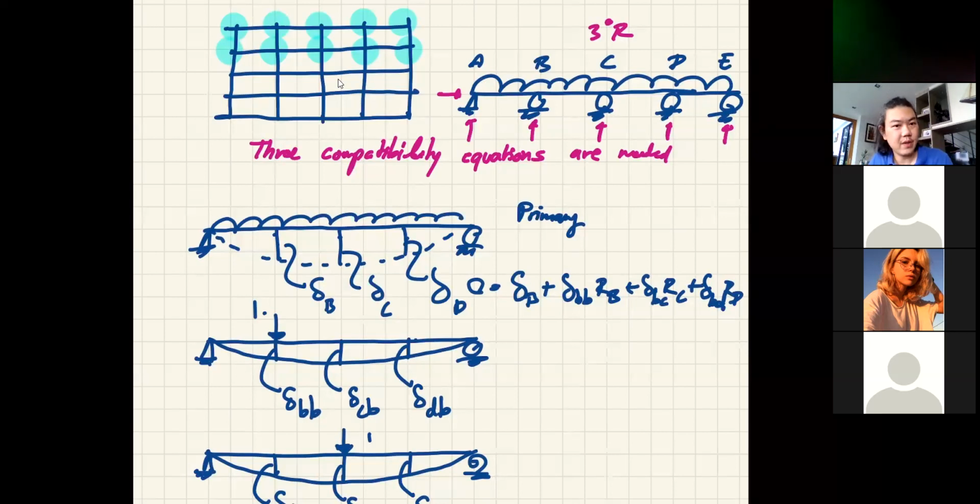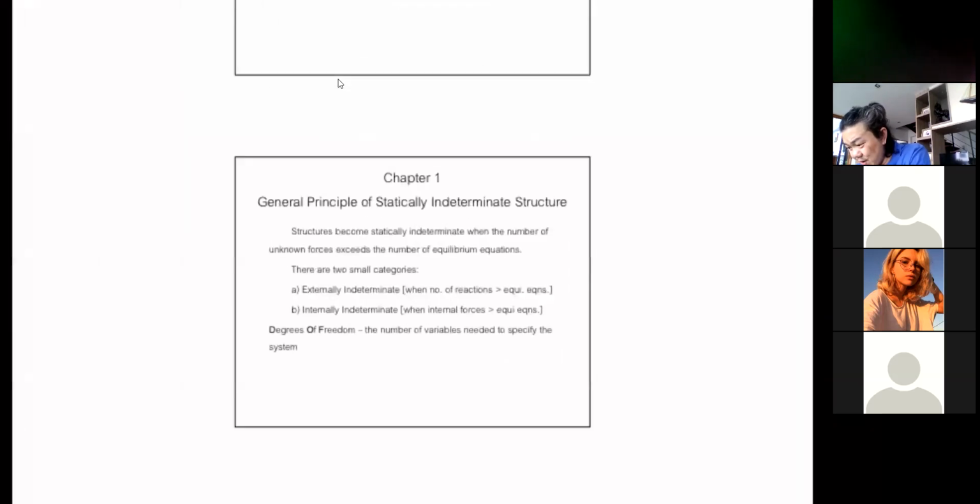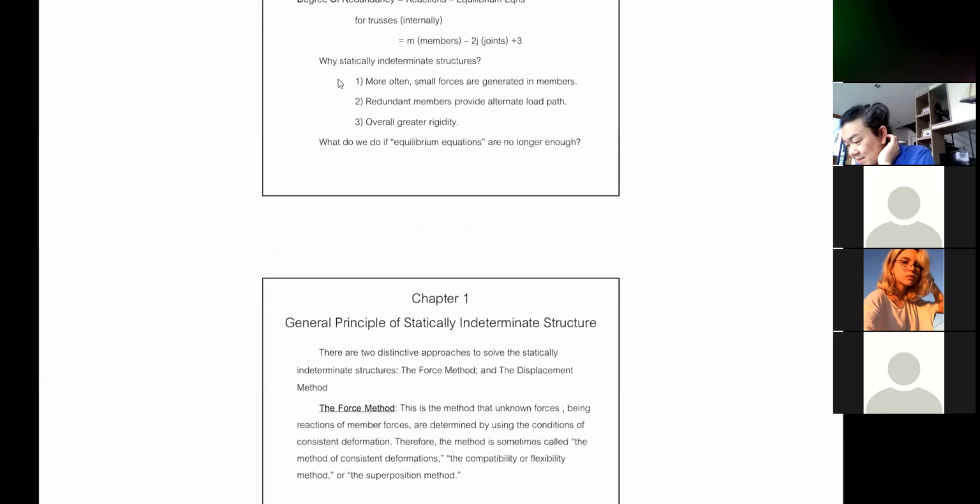Okay. So anyway, now let's start from the beginning. The definition of degree of freedom is in the handout, I suppose. So you can find it somewhere. That's the degree of redundancy.